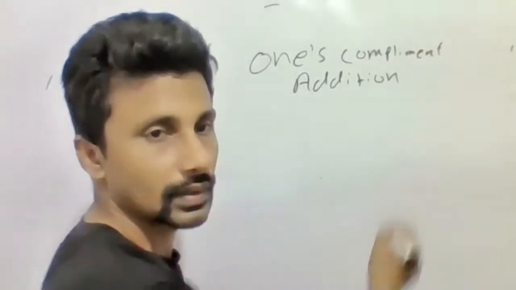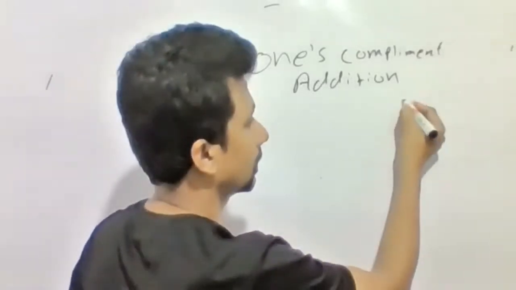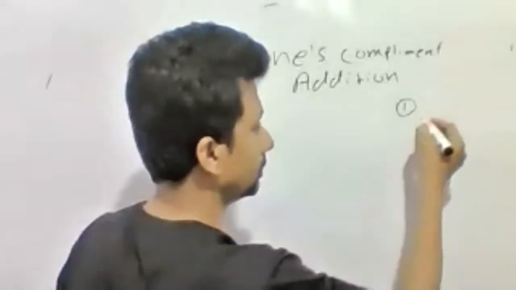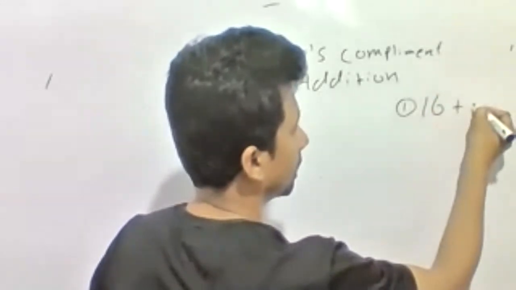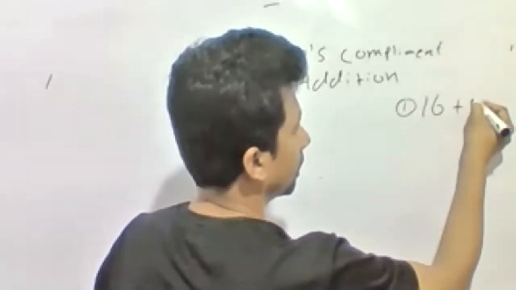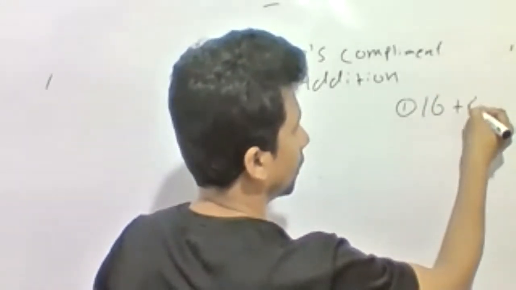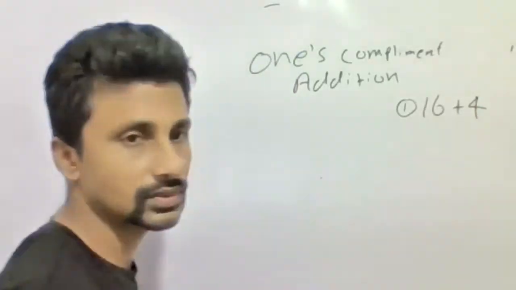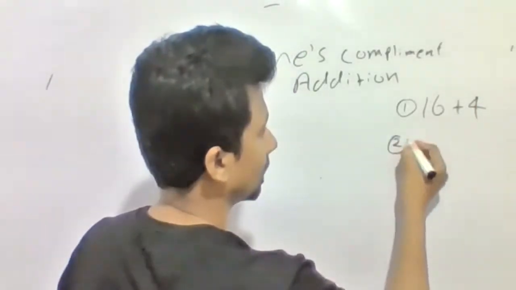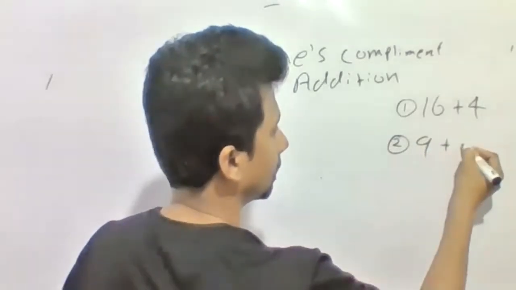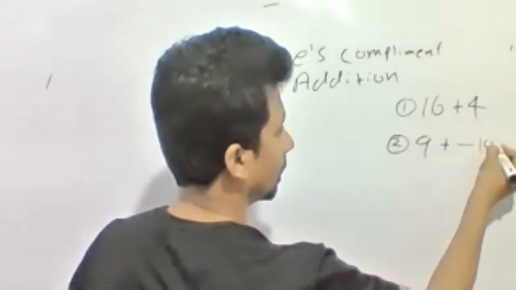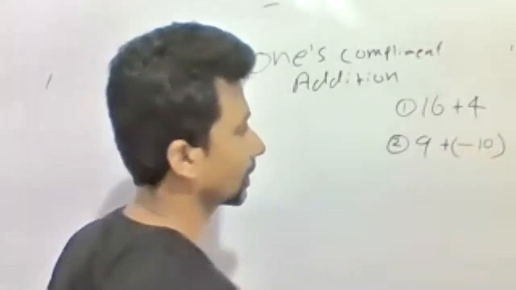All right, somewhere here. 16 plus 4, first one. Second one, 9 plus minus 10.